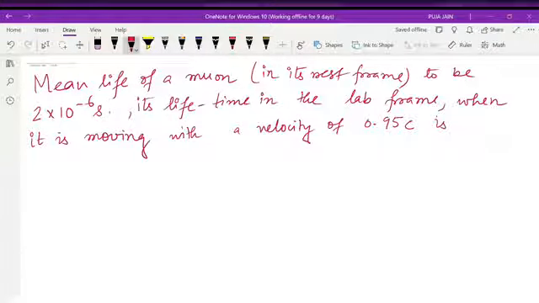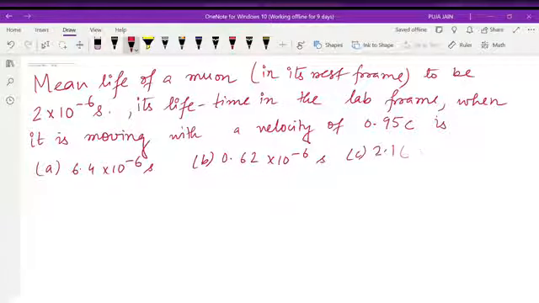Options are: A, 6.4 into 10 to the power minus 6 second; B, 0.62 into 10 to the power minus 6 second; C, 2.16 into 10 to the power minus 6 second; and option D is 0.19 into 10 to the power minus 6 second. See the concept.